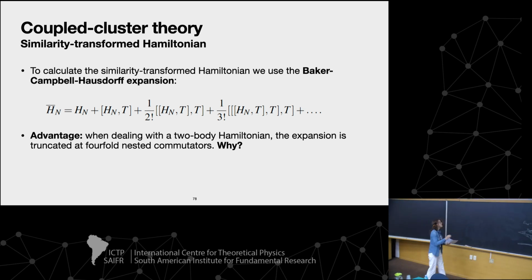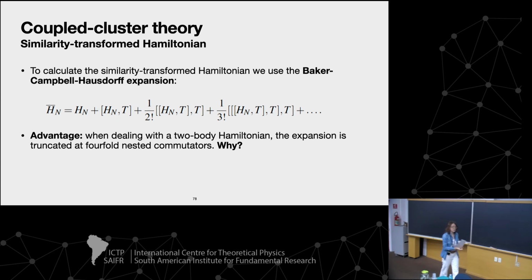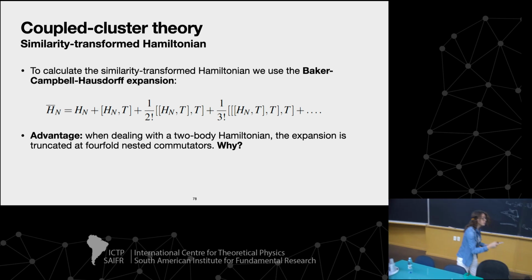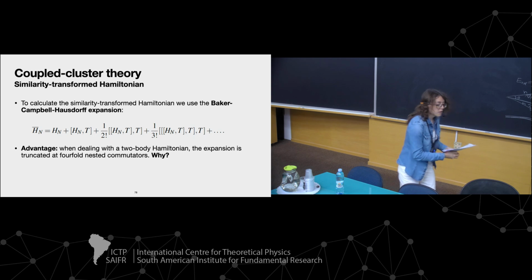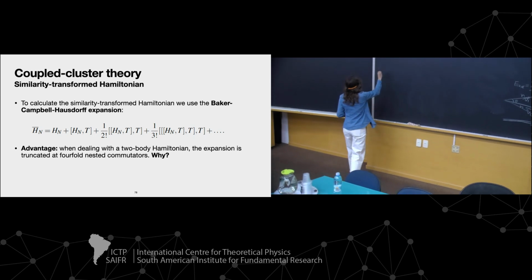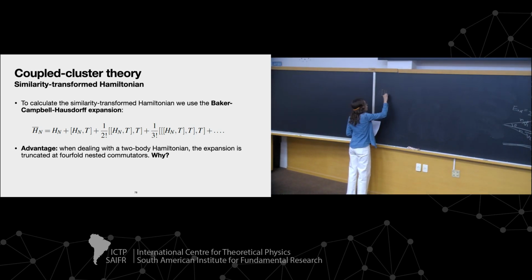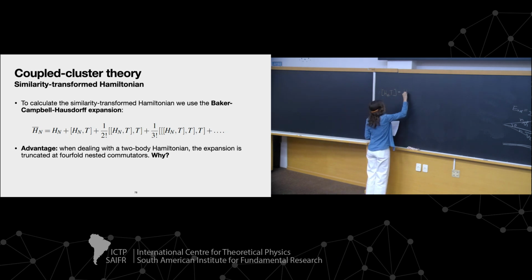Let's keep things simple. We have the similarity transformed Hamiltonian, which is equal to our normal ordered Hamiltonian plus a first commutator, H_N T. We can just start from this term. If we expand it, we will have H_N T minus T H_N.